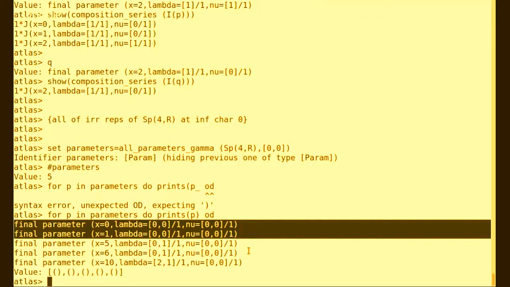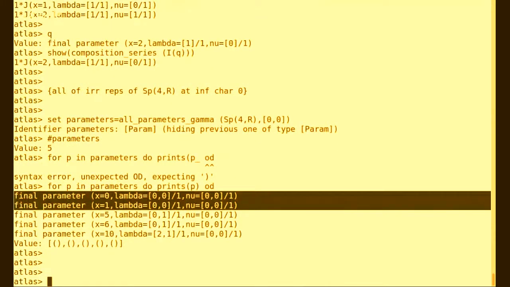So this is much smaller than the number of representations at rho, and that's a general feature. In fact, the number of representations with infinitesimal character 0 is tiny.